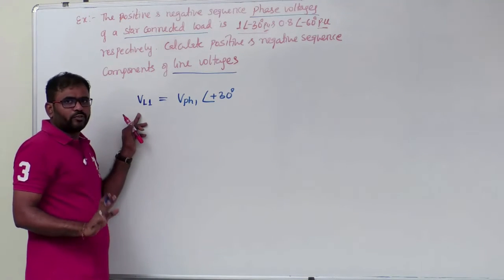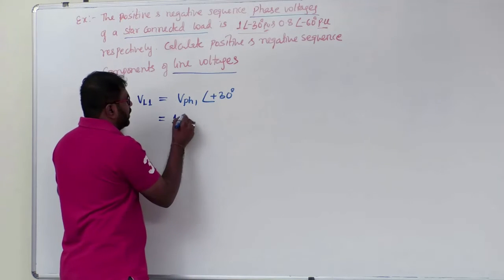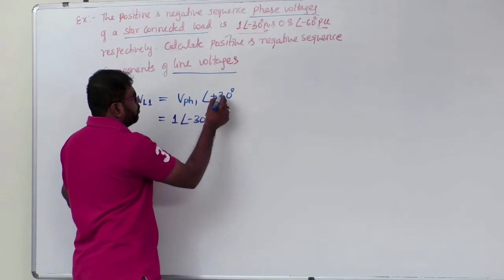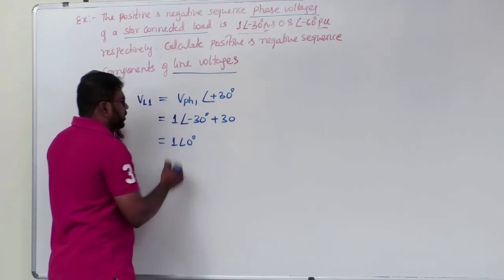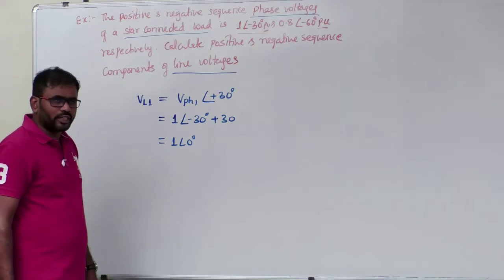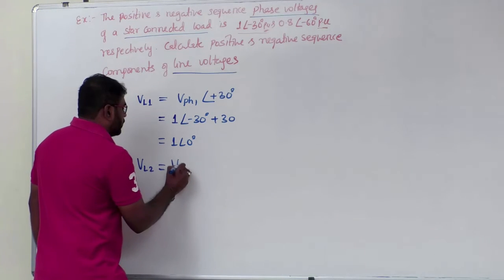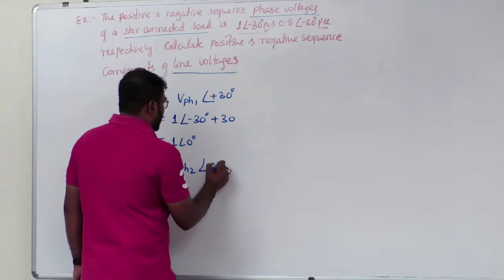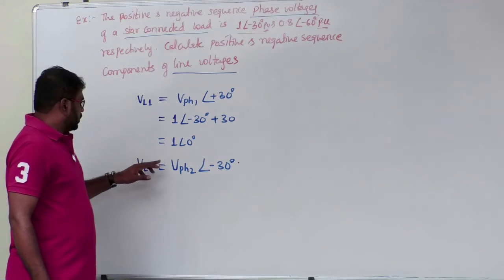This is in per unit form. So what is given? V phase 1 at an angle minus 30 degrees plus 30 degrees. So 1 at an angle 0 degrees is the positive sequence line voltage. What about the negative sequence line voltage? V phase 2 at an angle minus 30 degrees. Again I am saying, sir, here also will root 3 come?